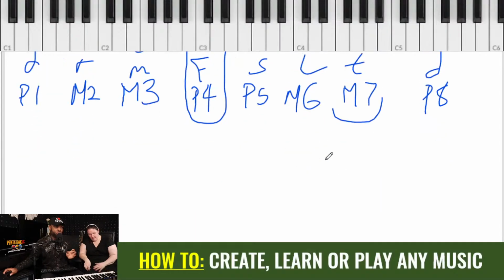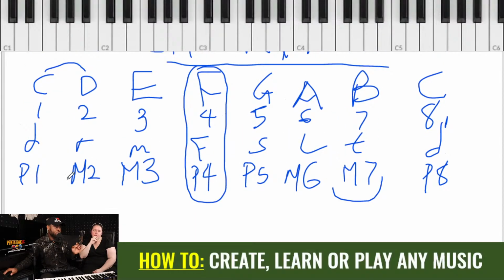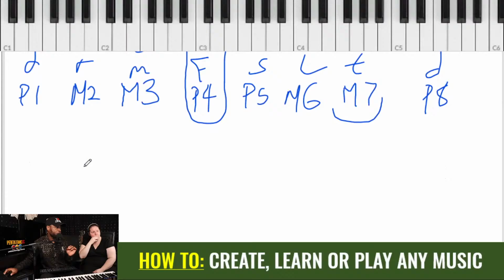Now, here's where things get a little bit different. Take note, we've only talked about perfect and major, we've not talked about minor. A minor interval is gotten when you reduce a major.